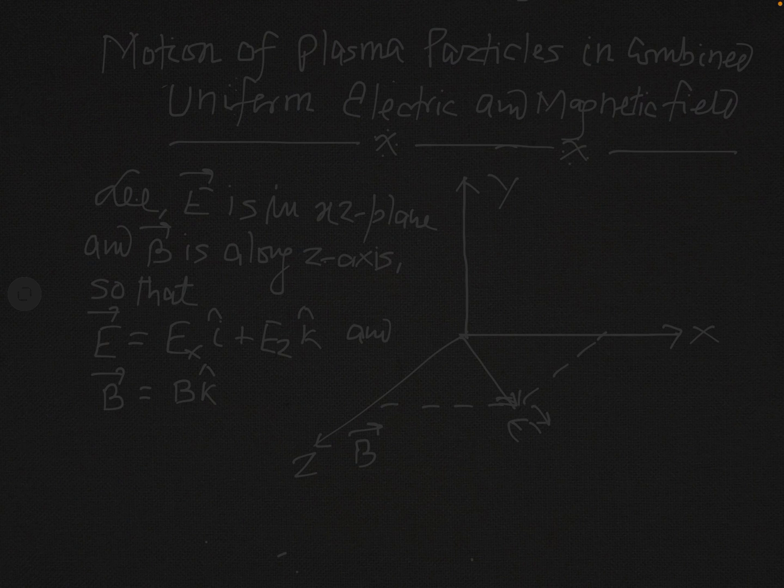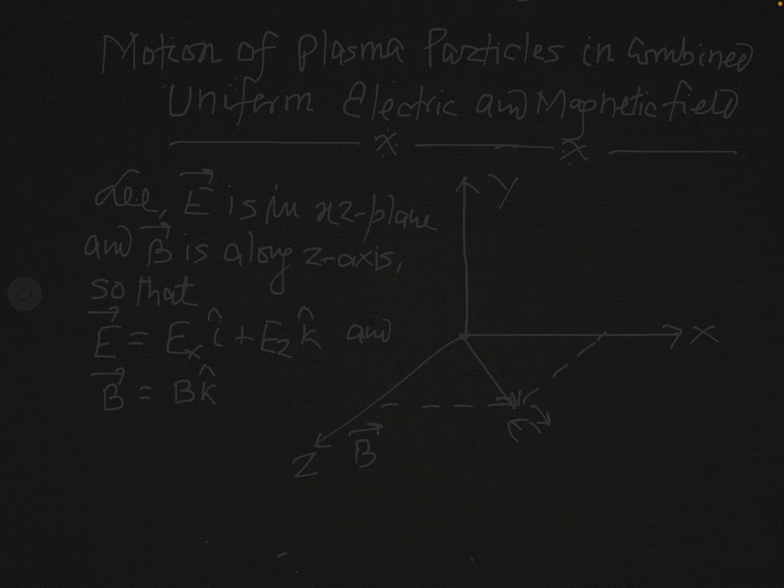So in this condition, let us consider that an electric field is present along with the magnetic field. The motion is a resultant motion of the charged particle, and this resultant motion is the sum of two motions. First is, as usual, the circular Larmor gyration, and the second one is the drift of the guiding center.